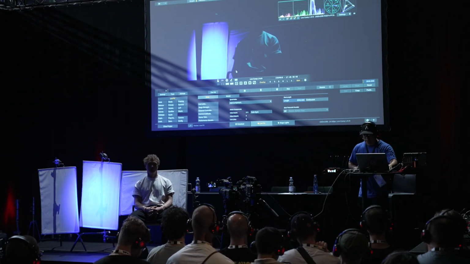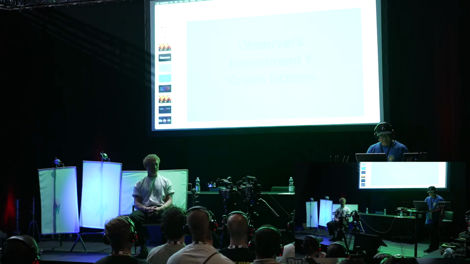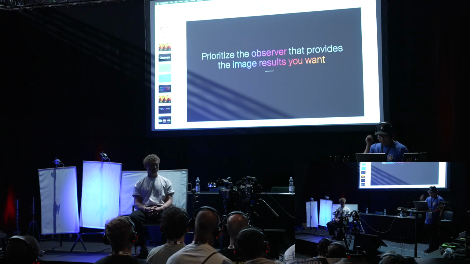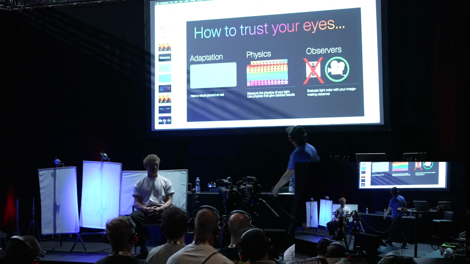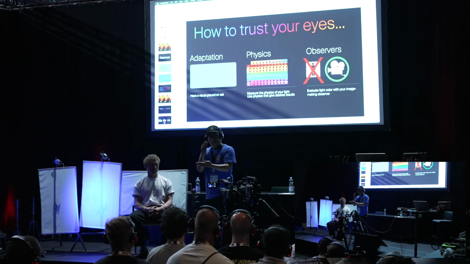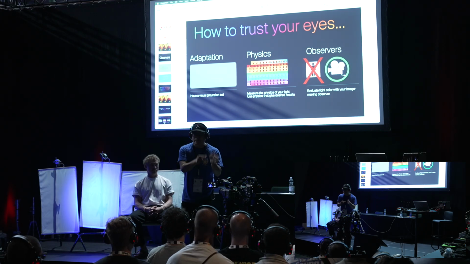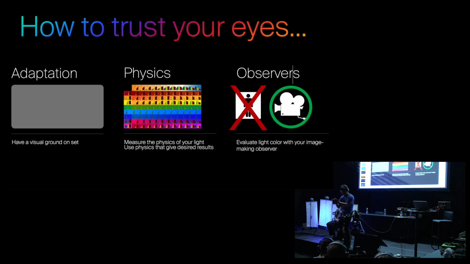So in a nutshell, if there's anything to learn, it is to prioritize the observer to get the results you want. Have a white gray card with the light that is going to give that gray card the right gray in camera, and have that be your visual ground on the set.